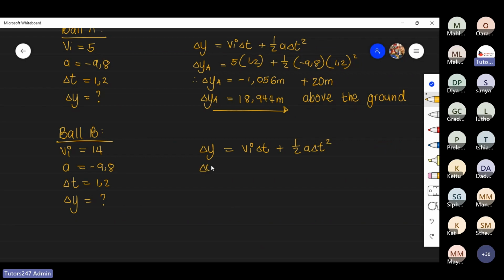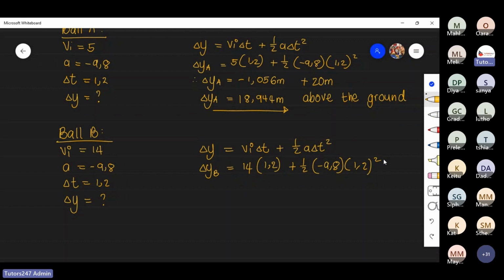I'm calculating the height of ball B, so I'm going to put a little subscript B just to represent that it is ball B. Next, my initial velocity of ball B is 14 meters per second. The time is 1.2, plus 1 over 2 times negative 9.8 times 1.2 squared.